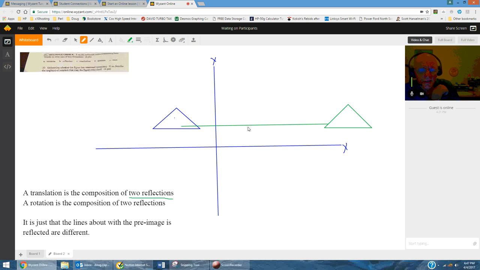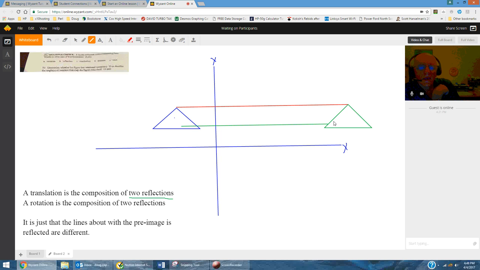This line right here is called the translation line. We're sliding the figure along that line.